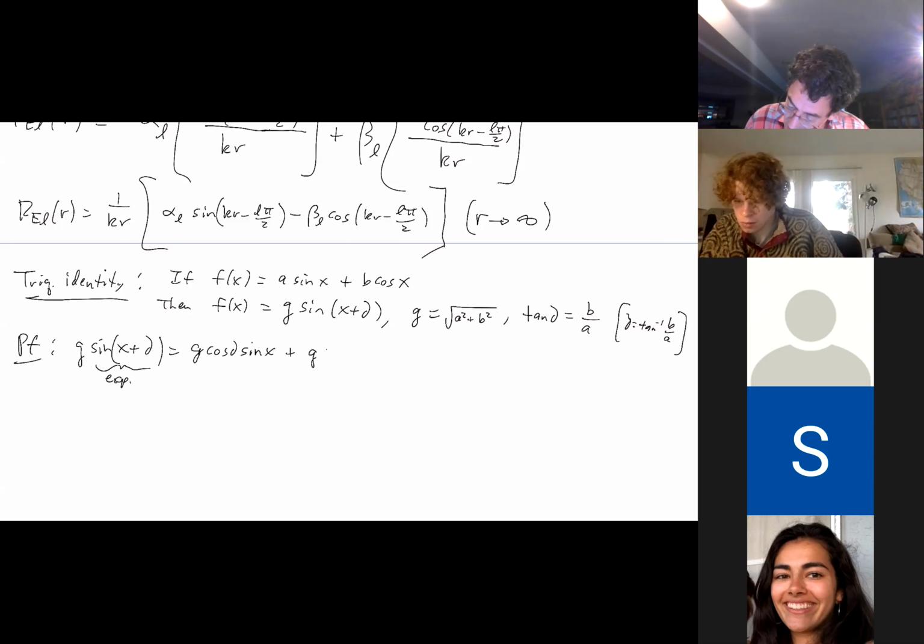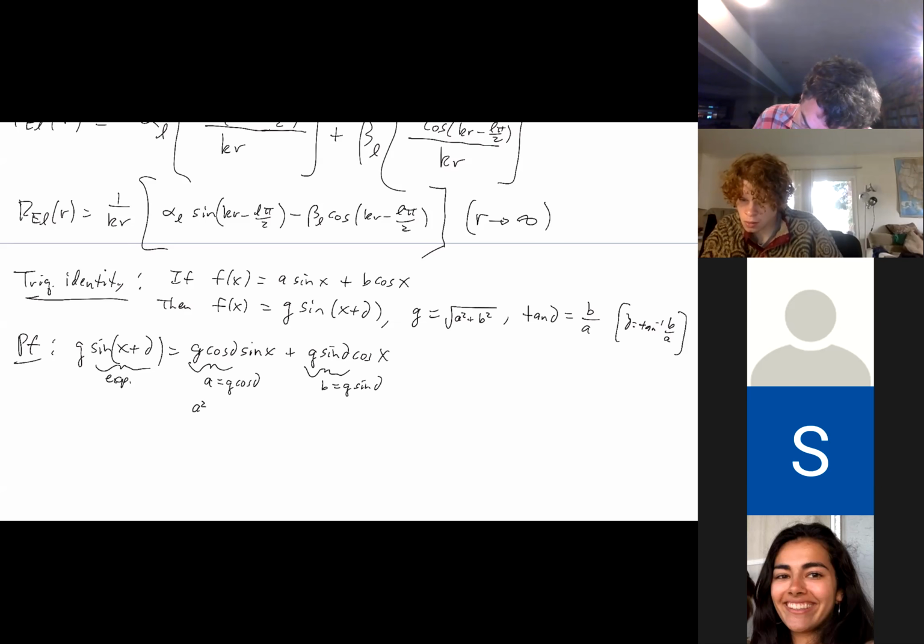Then this one is A and this one is B. So A equals G cosine delta, B equals G sine delta. And so you can see that A squared plus B squared is equal to G squared times cosine squared delta plus sine squared delta, which equals G squared.